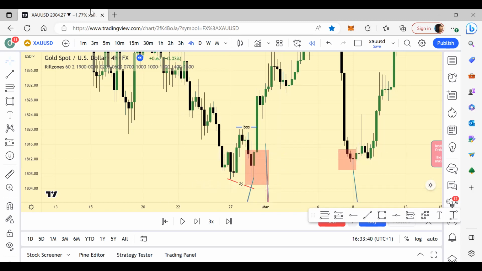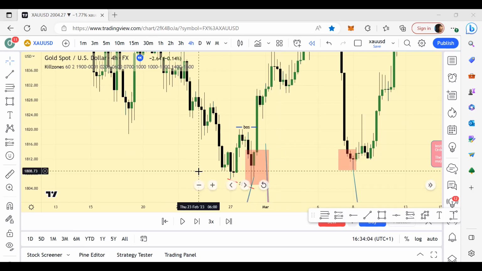He said it must sweep liquidity, it must break structure, and it must have an imbalance. Yes, those are your typical high probability order blocks. Exactly. Mike, did you understand what Ade said? No.